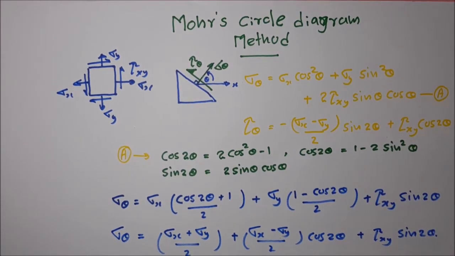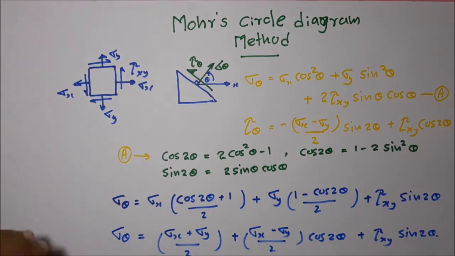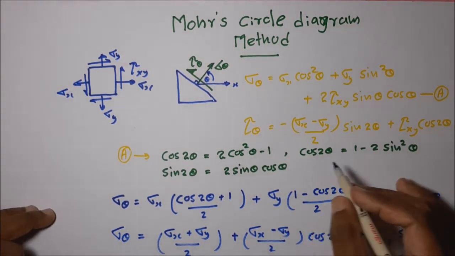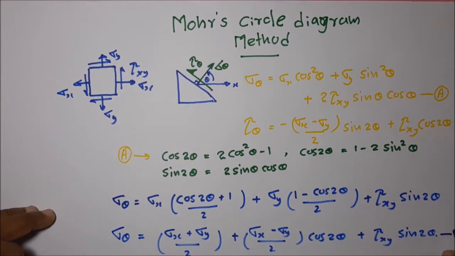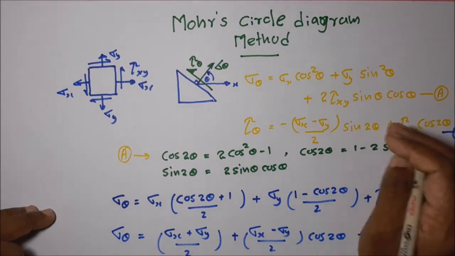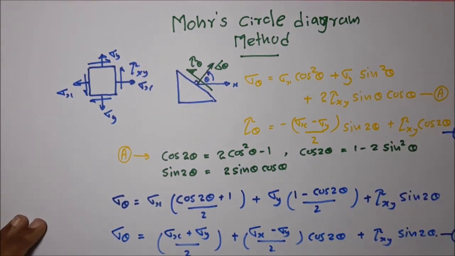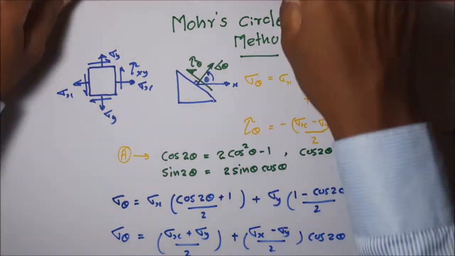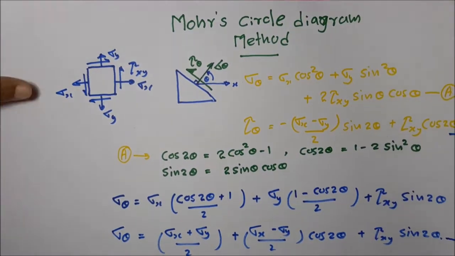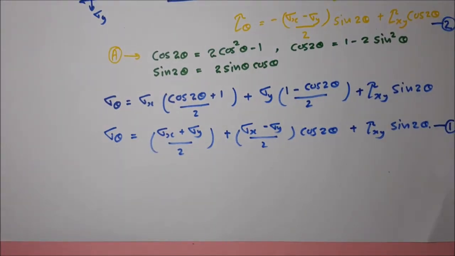We can write it in this format. Let's take this as equation 1. Then I am going to take the tau theta equation as equation 2, which is already in 2 theta angles. Let's take these two equations.